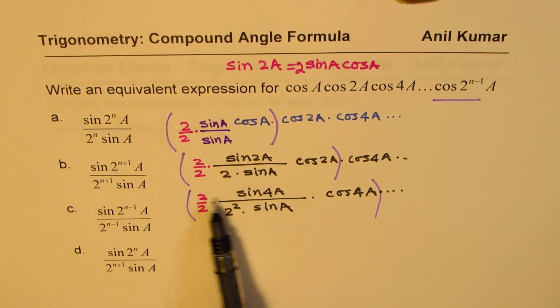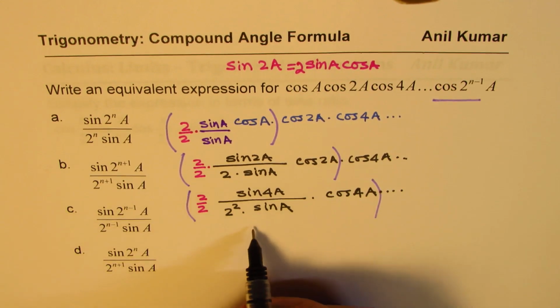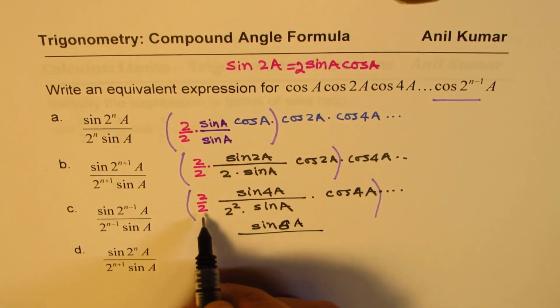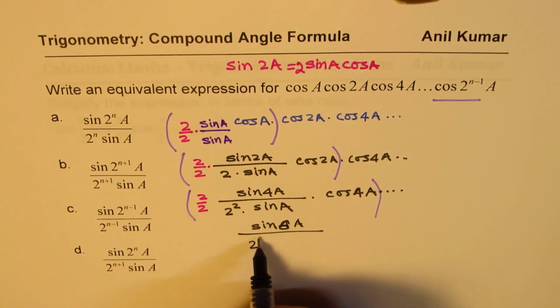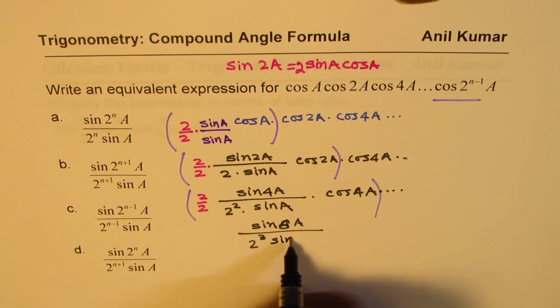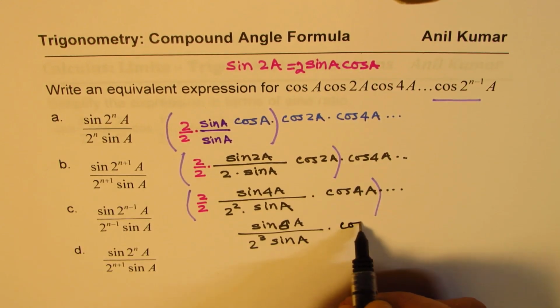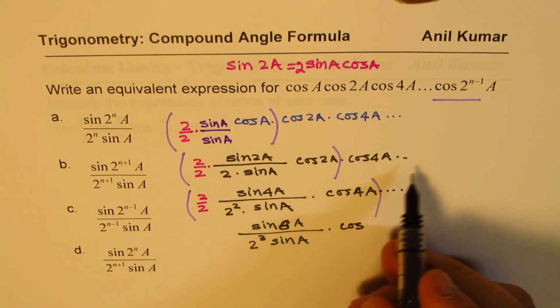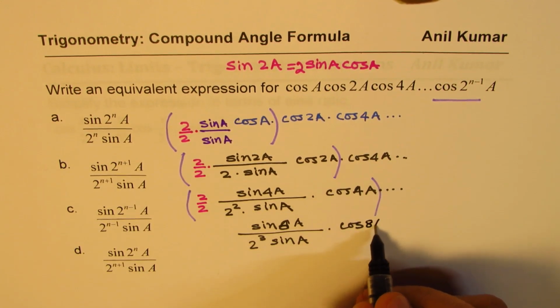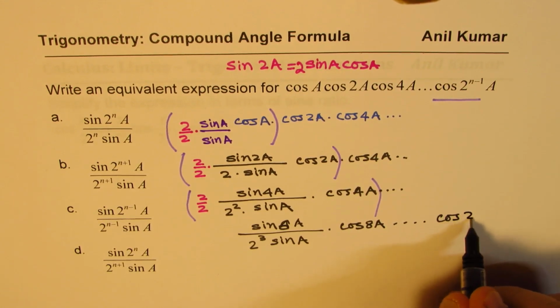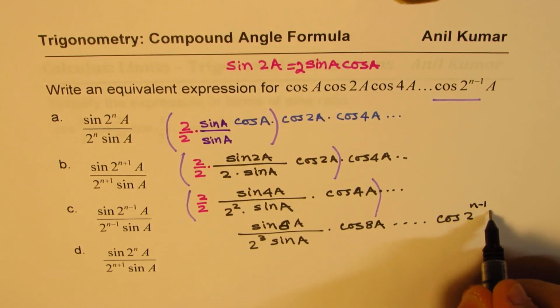So we have these three combined together. We get sin of 8A. 4 times 2, 8A, and the denominator is 2 to the power of 3, which is also 8, right? Sin A, and now we'll multiply by cos of 2 times 4, which will be 8A, right? It will go up to cos of 2 to the power of n minus 1A.